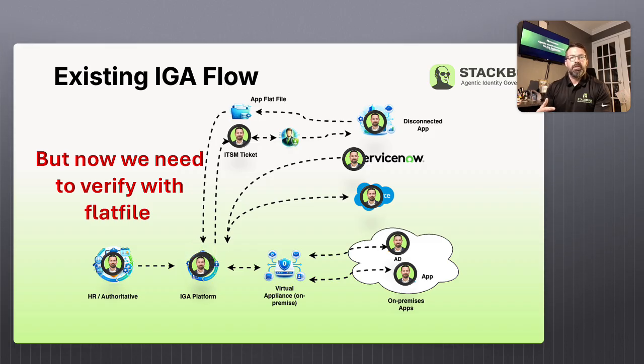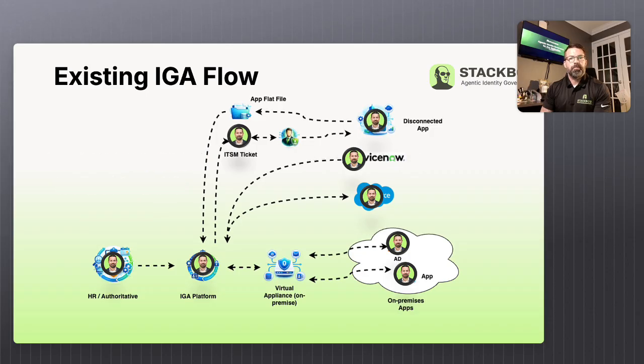And this is where we start catching rogue access, tickets that were completed, or additional access that was granted on my behalf, right? So now, for every disconnected application in the environment, I've got an outbound ticket that needs to be created. And then I also need to create these reconciliation flows, these flat files, to import that data and validate what I asked someone to do via ticket, right?